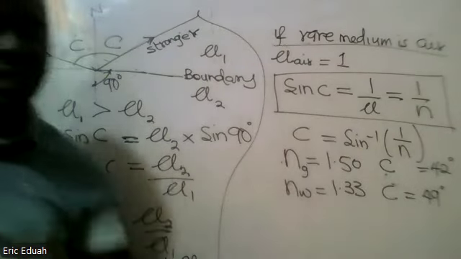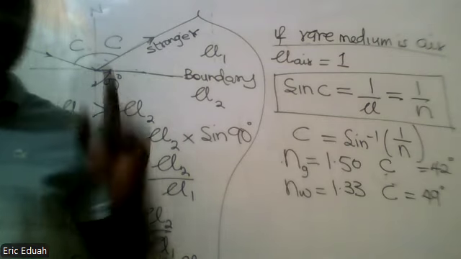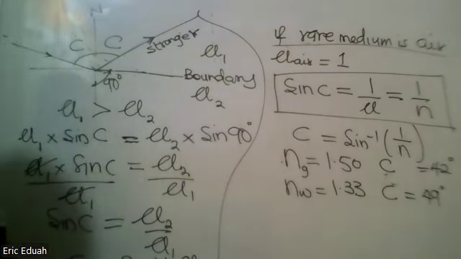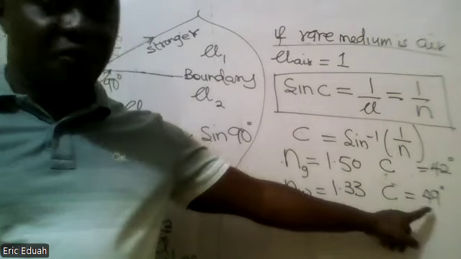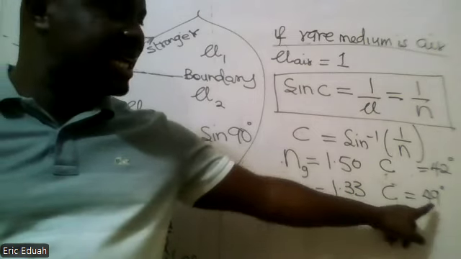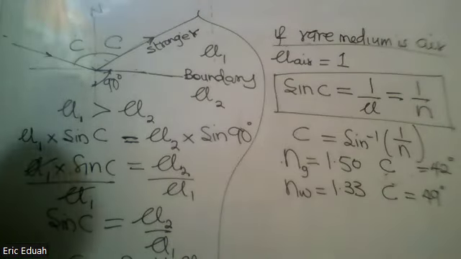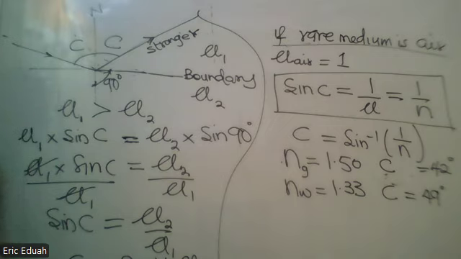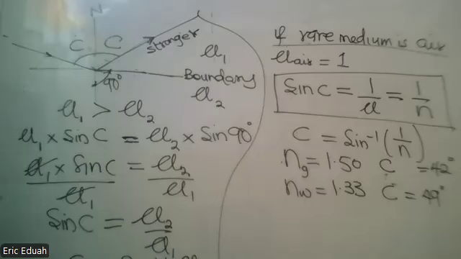Meaning if you have a water-air interface and you want light to be totally reflected within water, direct the angle of incidence at an angle a little bit greater than this, and you have total internal reflection occurring. So knowing the critical angle, you can easily obtain total internal reflection. And so the prerequisite of TIR is knowing the critical angle of the material.